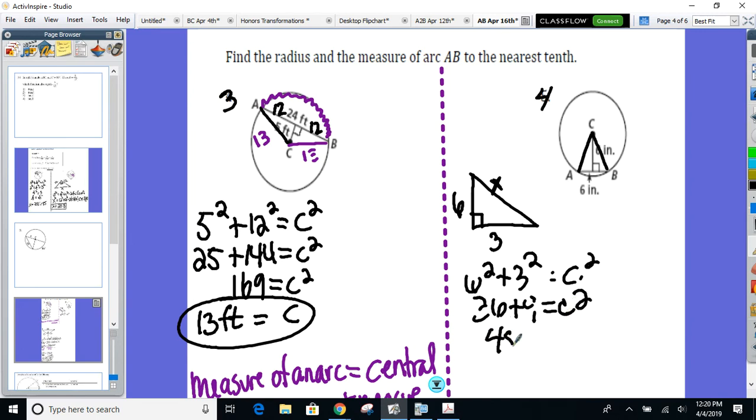We got 45 equals c squared. And yes, we are going to leave it. Actually, we don't need to leave it in simplest radical form because it does say nearest tenth for the directions. So our radius length is 6.7.